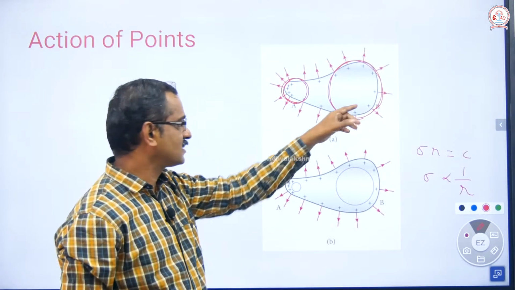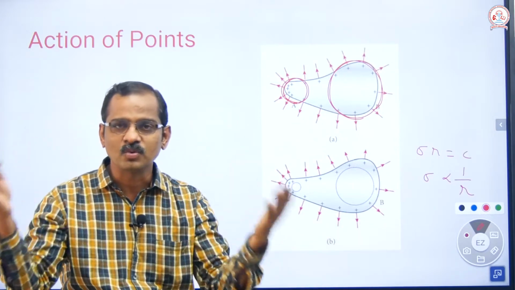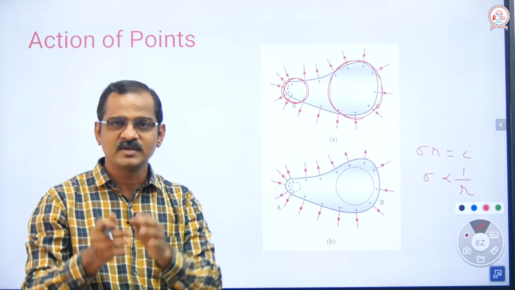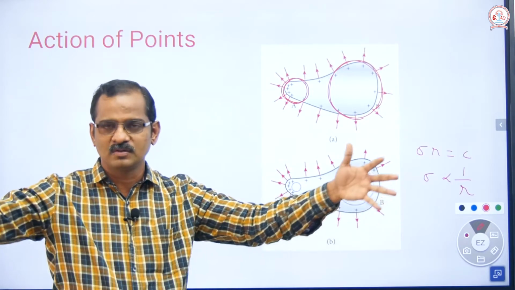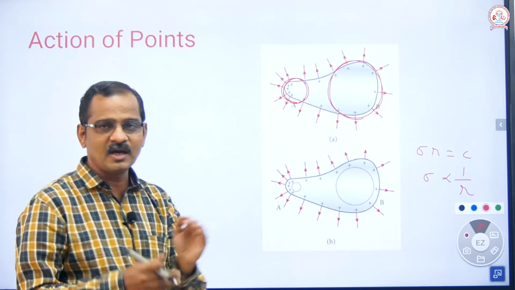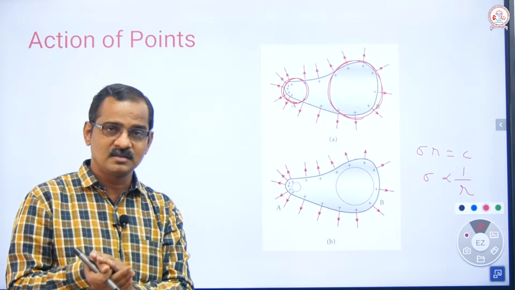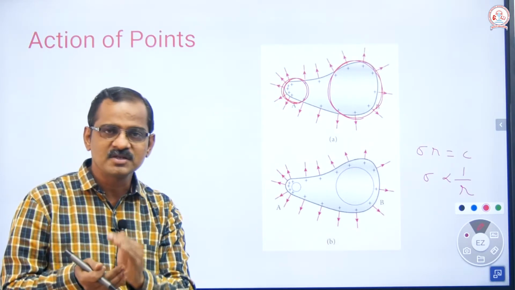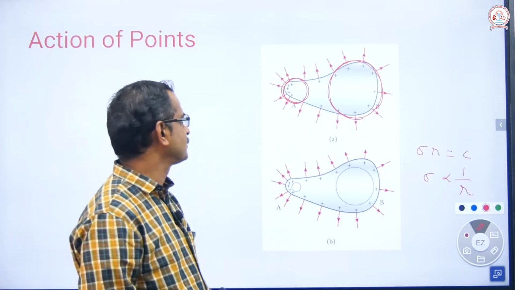Charge density is less where area is more, because charge is distributed to a wider space. Here, the sharp edges have more charges; charge density is more, concentration of charges is more in these places.